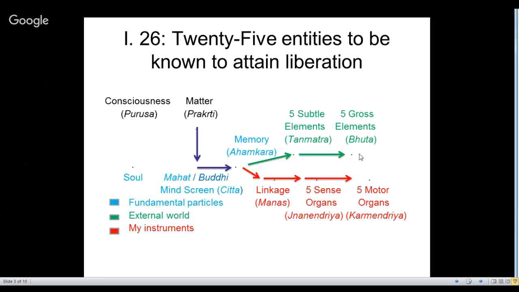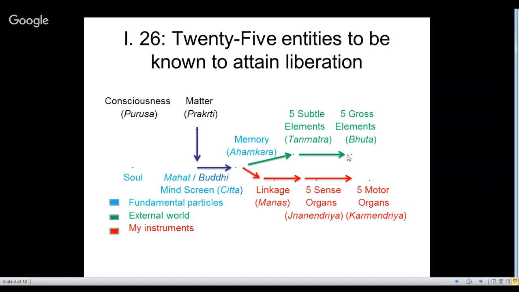So when you say a human being is body, mind, and soul, our body is mainly made of these 5 gross elements. Mind is made of all this red color, and then this is me. So today we will be looking at the green color, and of course there will be overlap.